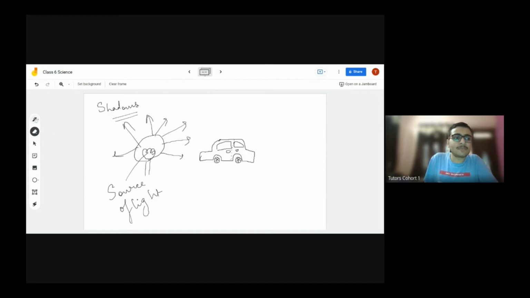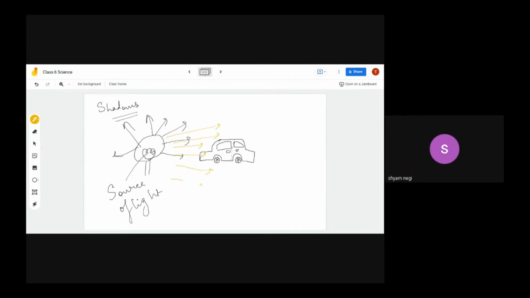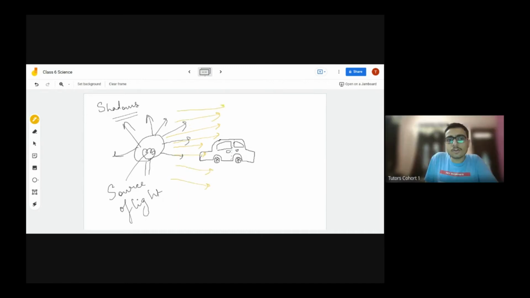Okay, so now children, assume there is this yellow light coming from the bulb. So light that will come from this part will be struck by the car. It will not be allowed to move in the forward direction.